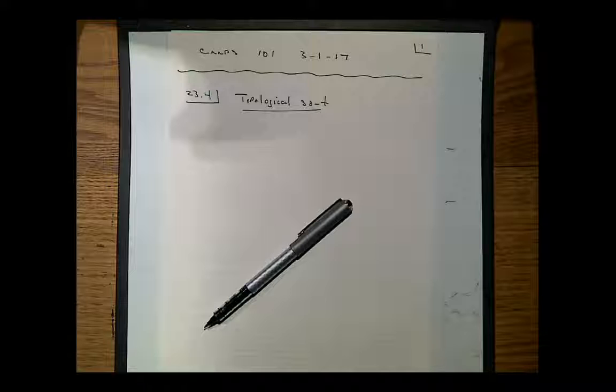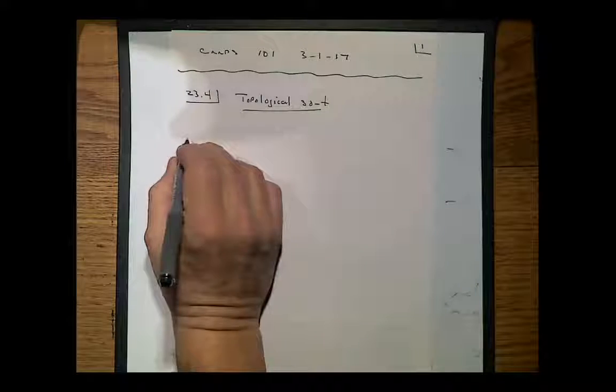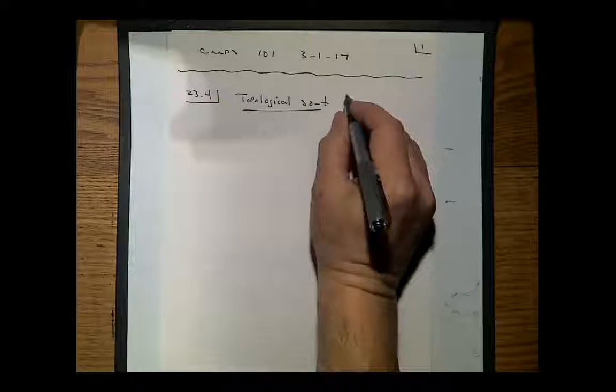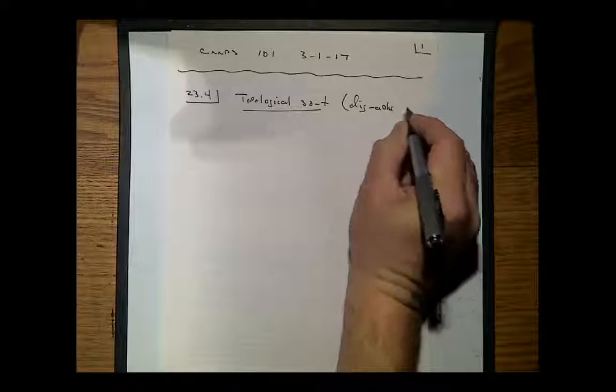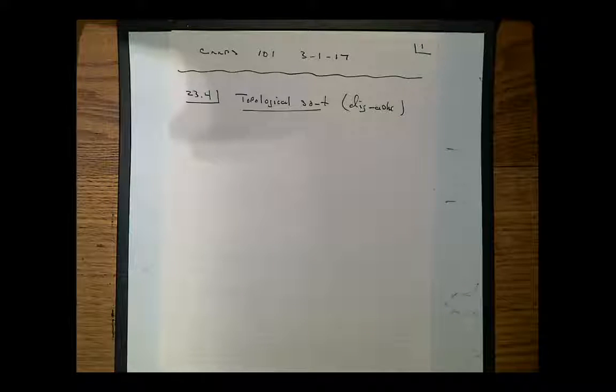Okay, topological sort is section 23.4 in the book. First, let's review the notion. This is all about directed graphs. I mean, everything in this section and the next refers to directed graphs and not undirected graphs.